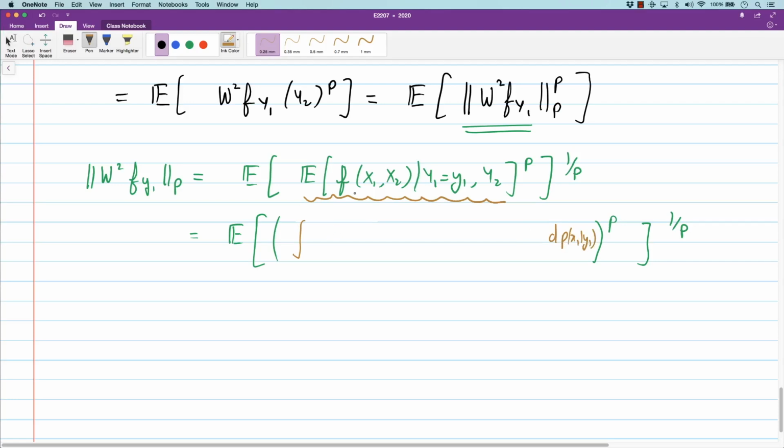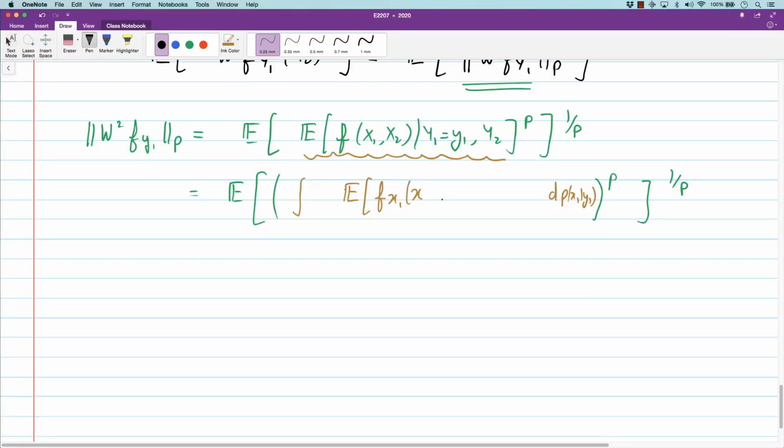So we can just do this part, and we have expected value of f of x1, x2. Now if you look at this particular conditional expectation, you have to average over both y1, y2, but there is no dependence.